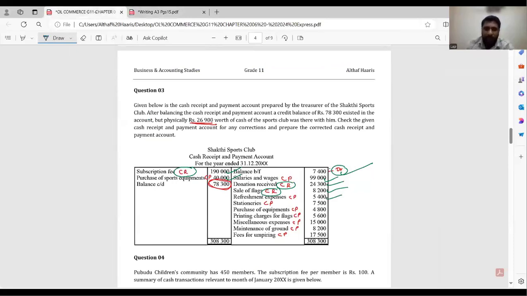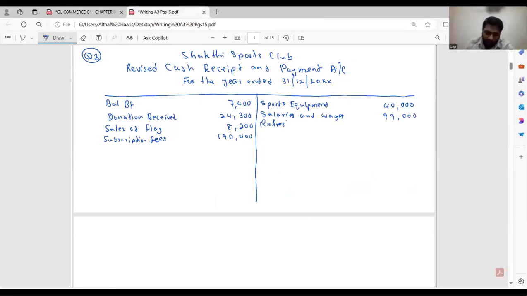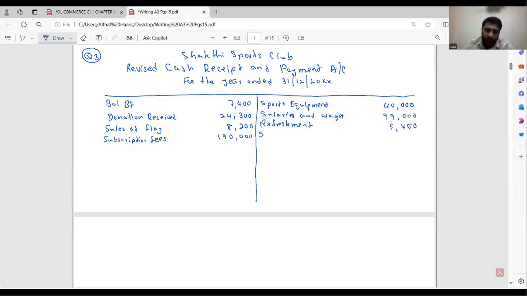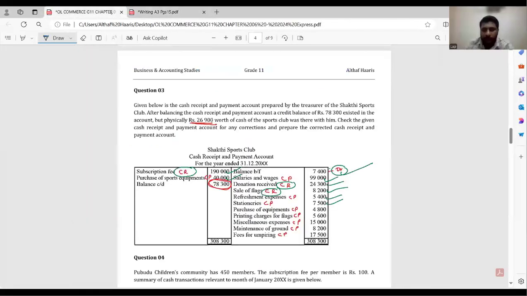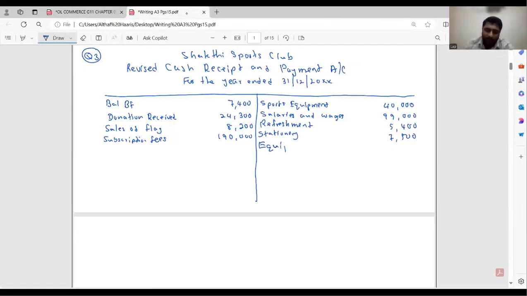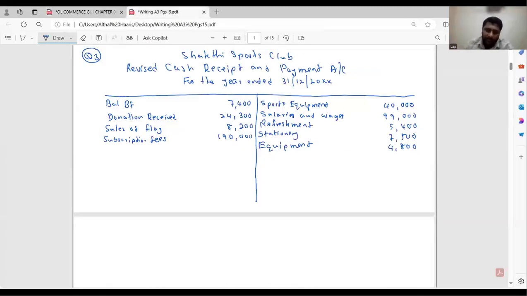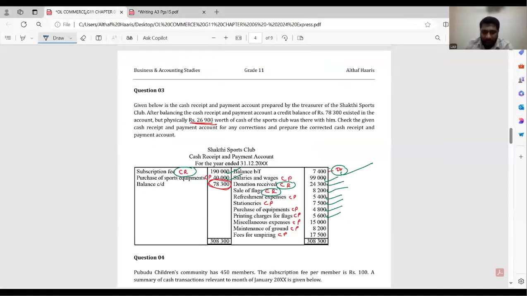Then refreshment 5,400. Stationery 7,500. Equipments 4,800. Flags printing 5,600.